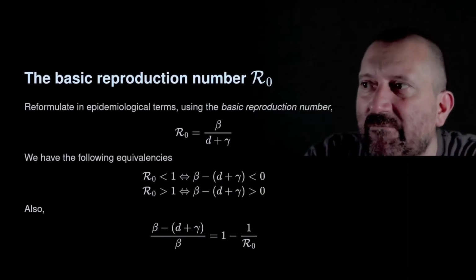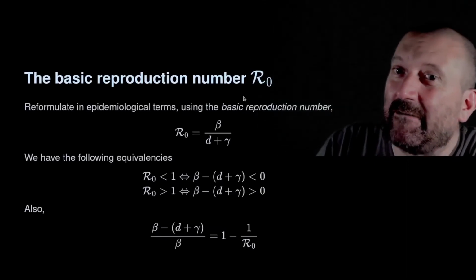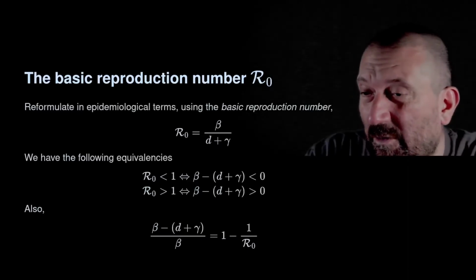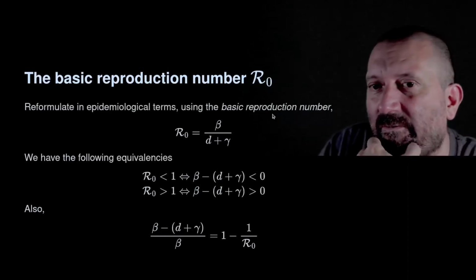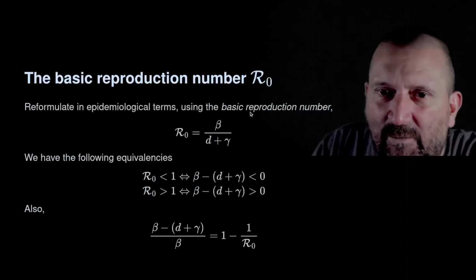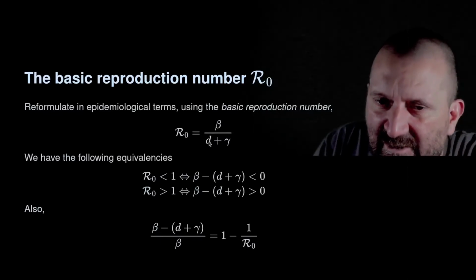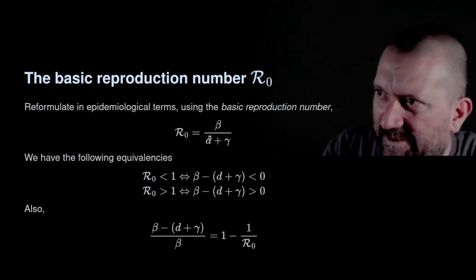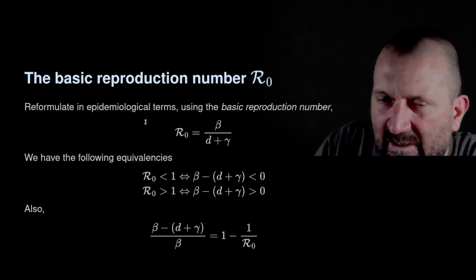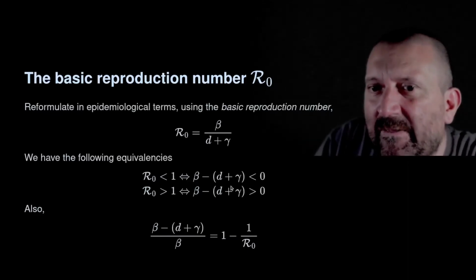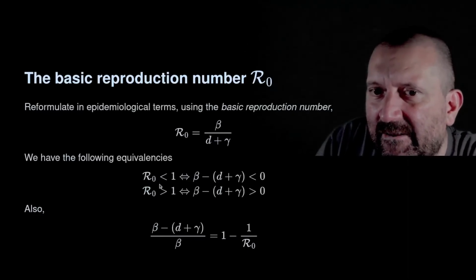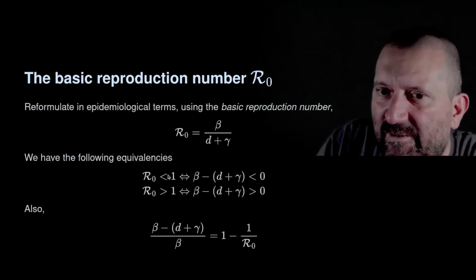And we can rewrite this using the basic reproduction number. So this one has a slightly different expression than the one we saw for the Kermack and McKendrick model, because there's a d here, which is the death rate. Okay, so if we define the basic reproduction number like this, then these conditions that I had in my previous slide, I can express them as a function of R0.